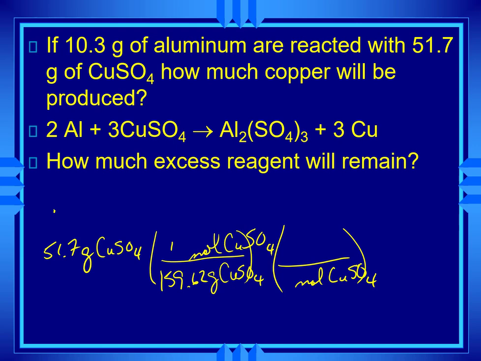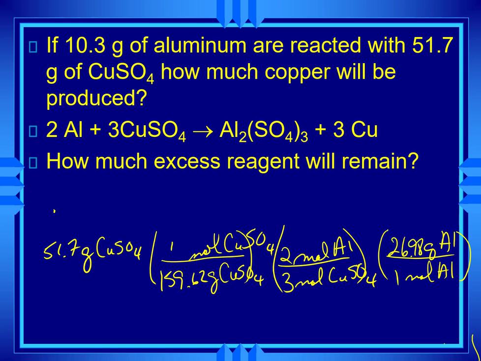What do I want to turn it into? Well, they asked about excess reagent. What is the excess reagent? It's aluminum, so I want to change it to aluminum. And it says 2 moles of aluminum for 3 moles of CuSO4. And then moles of aluminum to grams of aluminum. 1 mole is 26.98 grams.